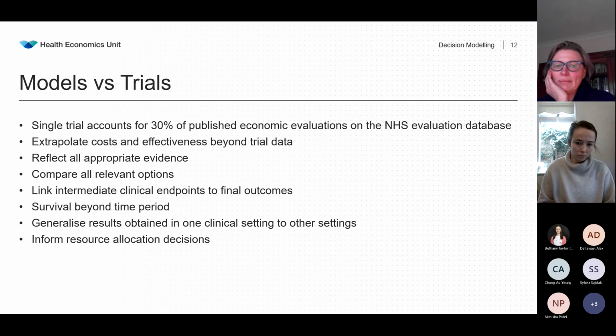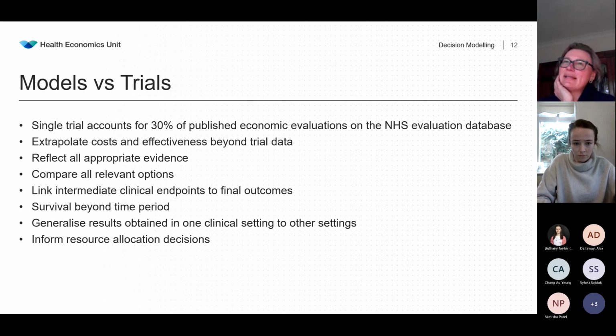So we briefly touched on trials in the previous session. While trials provide the sole source of evidence on both use of resources and associated health effects, and generally form the basis of a good cost-effectiveness analysis, there are weaknesses, and Heather will touch upon that.